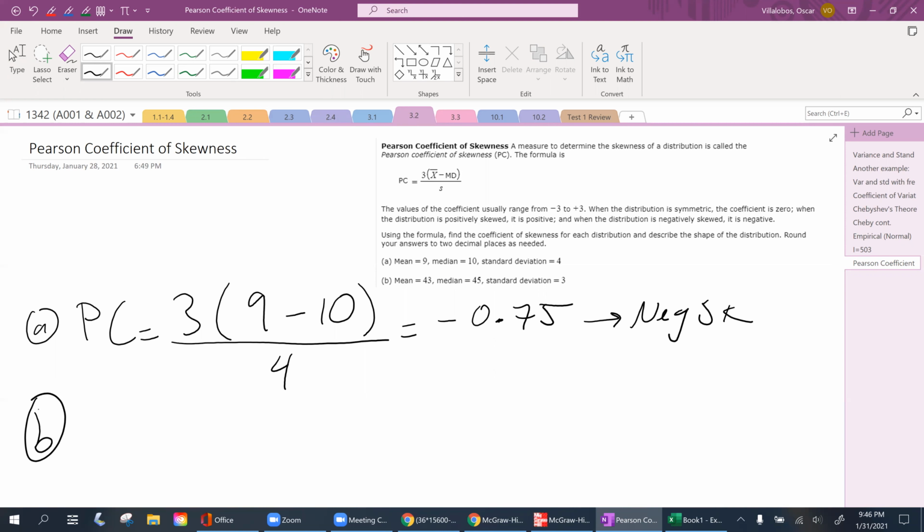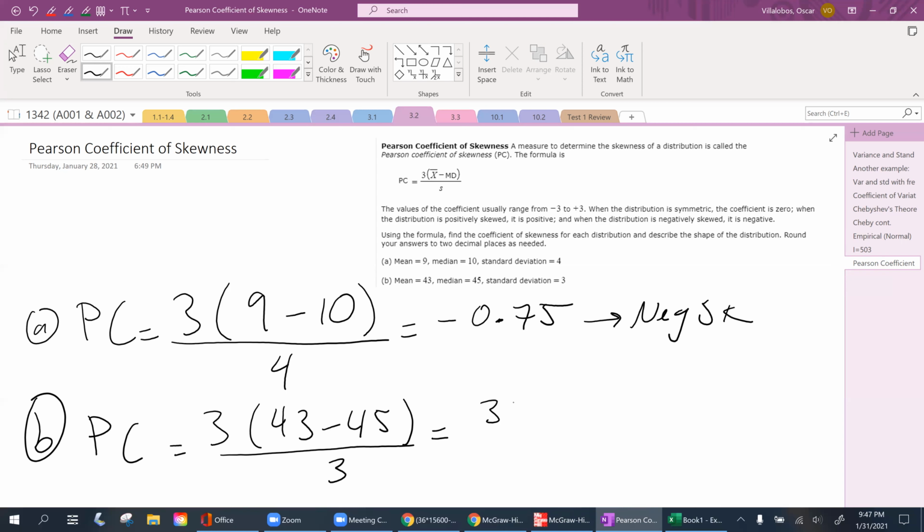Let's do another example, all right? My PC is going to be 3 times 43 minus 45 all over 3, all right? And as you have already guessed, the sign is really dependent on the values of your mean and your median, all right?